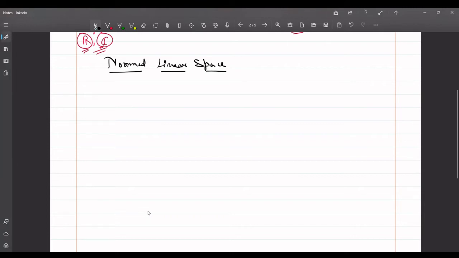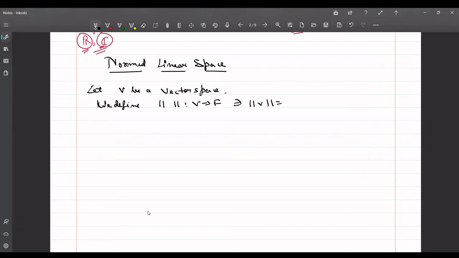Suppose we have a vector space, let's say V. Let V be a vector space, and we define a norm from the vector space to its field such that norm of V equals the square root of the inner product of V with itself for all V belonging to the vector space V.